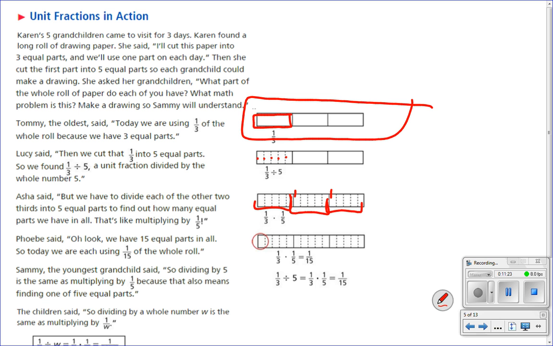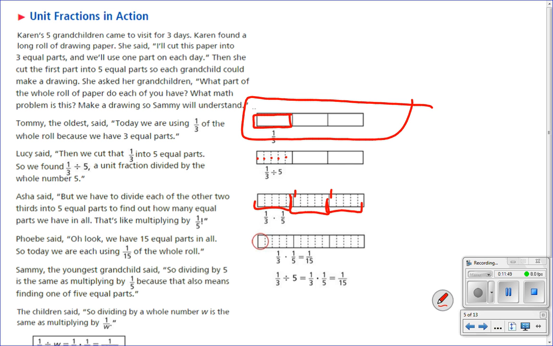So they had 15 parts. Sammy, the youngest grandchild, said, so dividing by 5 is the same as multiplying by 1/5, because that also means finding 1 of 5 equal parts.